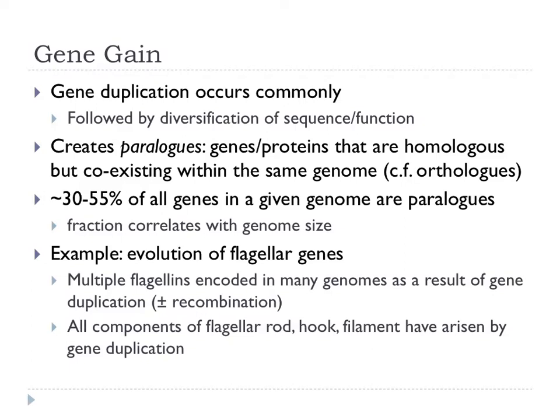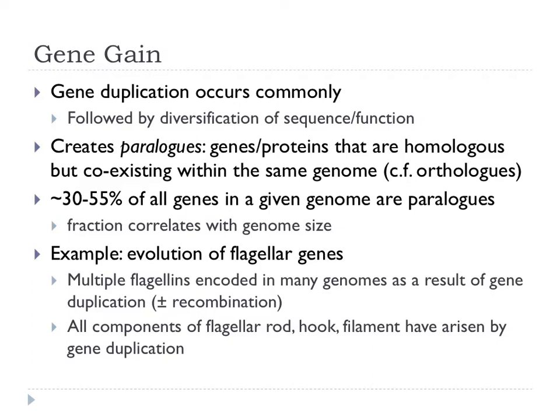If we look at, say, the bacterial flagellum, we can see that the components of the bacterial flagellum have arisen through a process of gene duplication and then diversification. So it's not just that you get 2 things that are identical. They start to march off in different directions. They acquire slightly different sequences, then start to acquire different functions, similar functions, but just subtly different, until they diversify enough to have different roles.